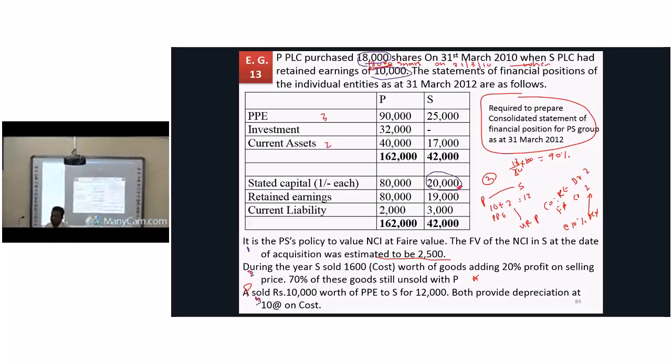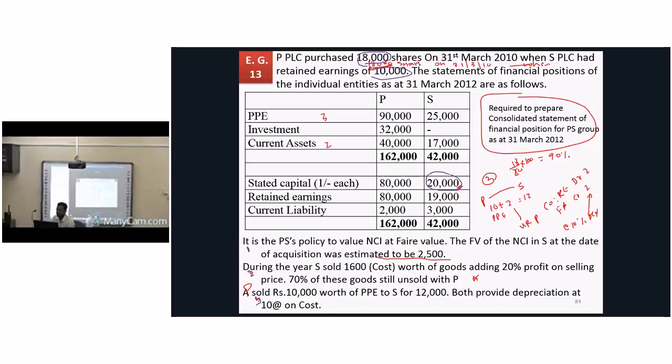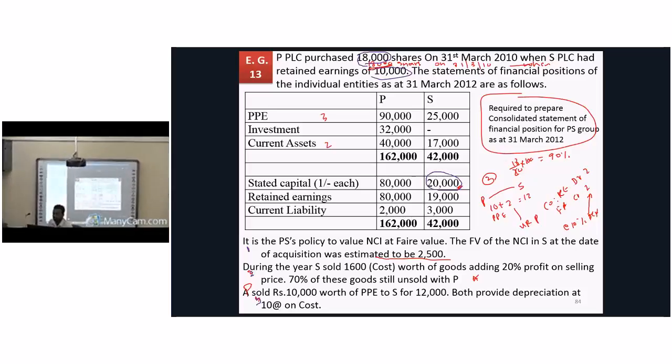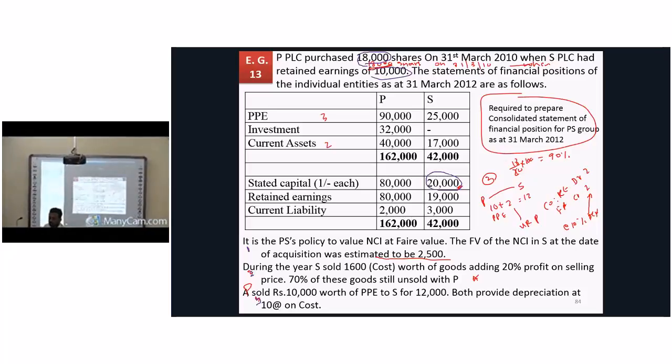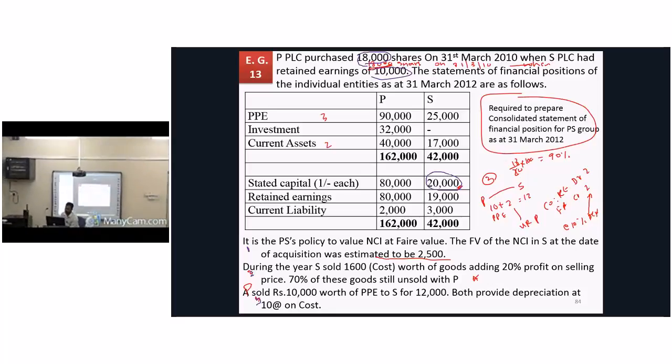Now what has happened in this story? The subsidiary has sold 1,600 cost of goods by adding 20% profit on selling price, right? Who has sold it? The subsidiary sold it to the parent. Understand?